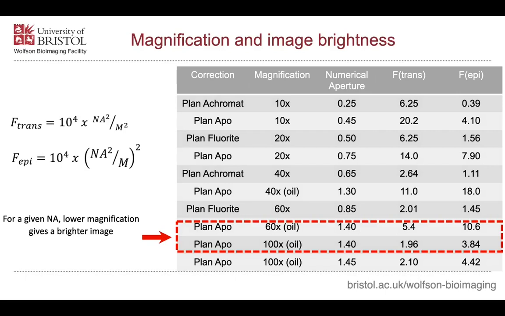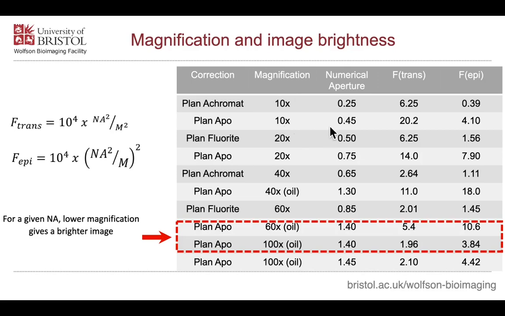As already discussed, the magnification will determine how big your object is in the resultant image. Now, the magnification and numerical aperture, generally speaking, will scale together. So normally, if you've got a low magnification, the numerical aperture is quite low as well.